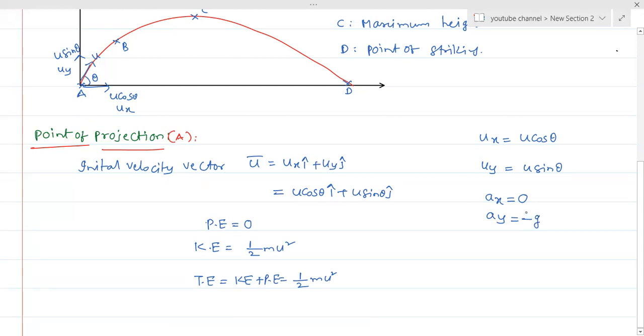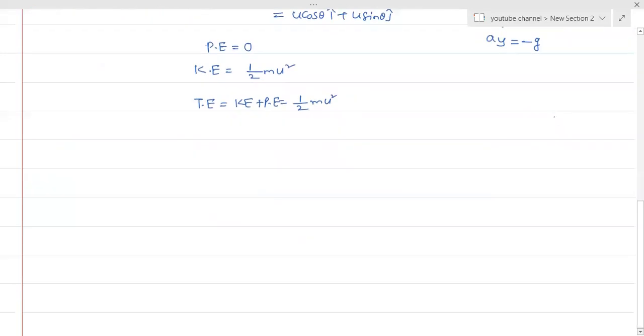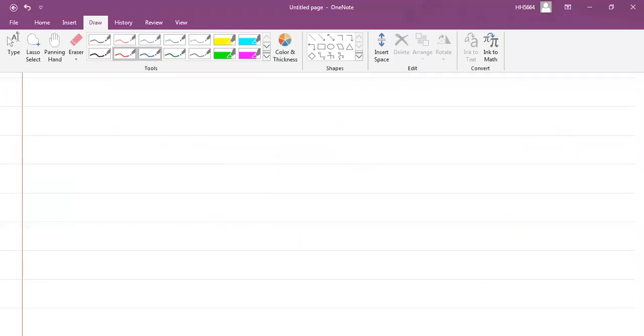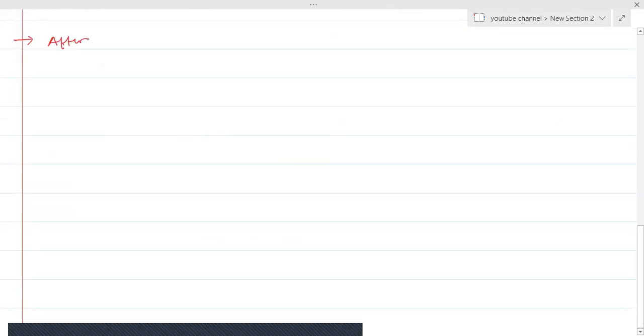In both directions, we are neglecting the air resistance. So this is about the point of projection. The most important thing is point B, that is, after some time t. So next we are taking after some time t.